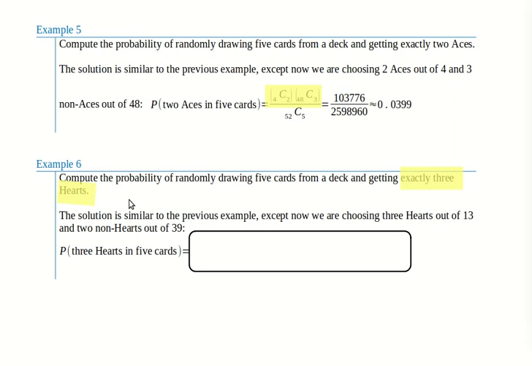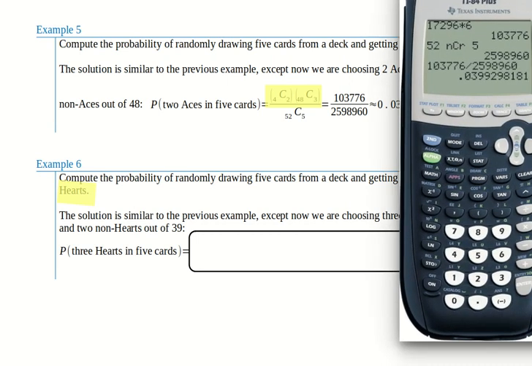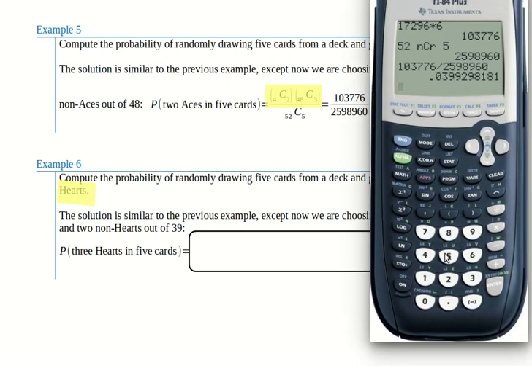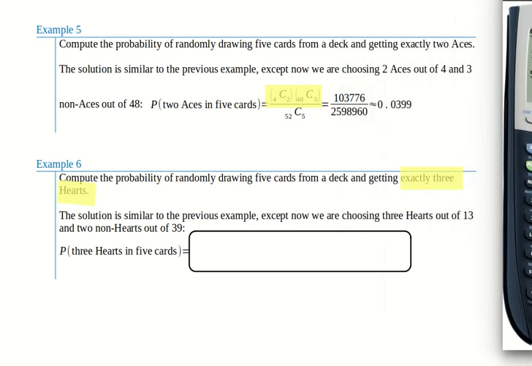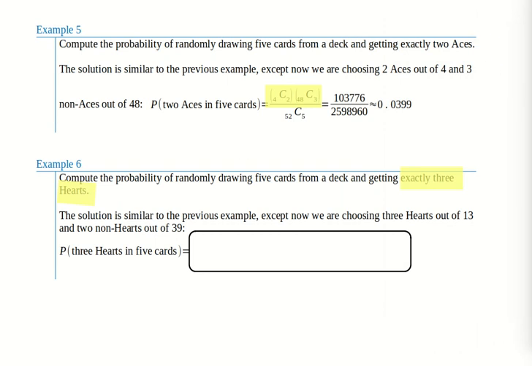Okay. The solution is similar to the previous example, except now we're choosing 3 hearts out of 13. And if you take 52 and you subtract 13, 52 minus 13 gives us that there are 39 other cards. So there are 39 cards that are not hearts.